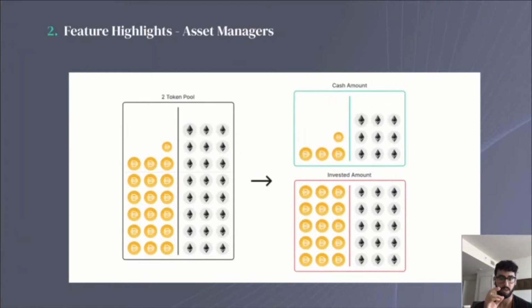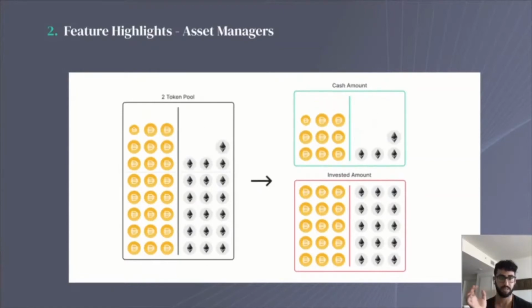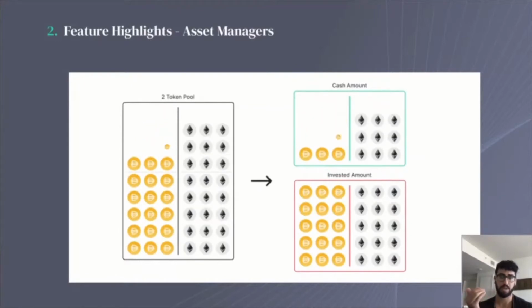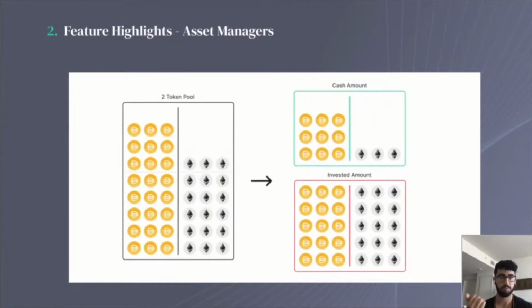On the bottom right, you have the invested amount, what we're calling, which are the tokens that have actually been removed from the pool and invested somewhere else. So they're being put to productive work somewhere else. And then the top right, we see what we're calling the cash amount, which is like that buffer that is being kept inside the vault to cover all trading activity happening with that pool.